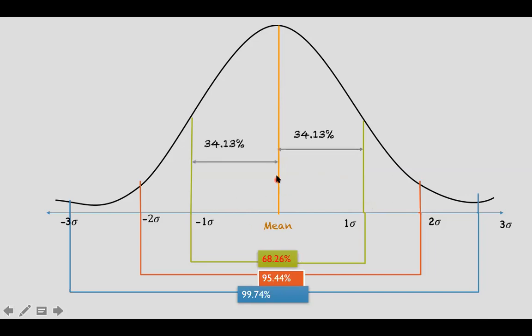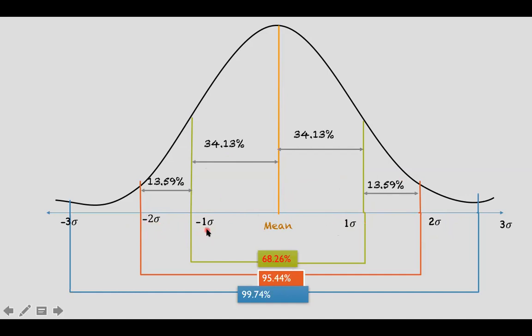And then what will be the percentage of the cases from -1 to -2 or +1 to +2? Here we go: the percentage of the cases between ±1 and ±2 will be equal to 13.59%. That is -1 to -2 or +1 to +2, this distance or this distance. Then what about this distance and this distance?